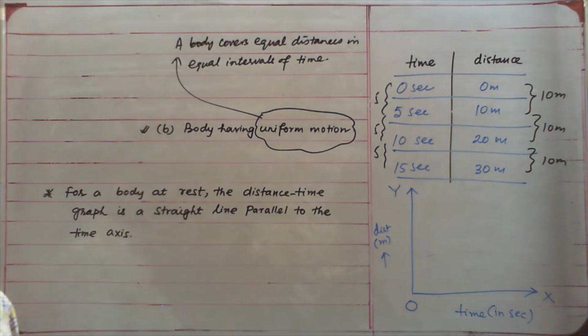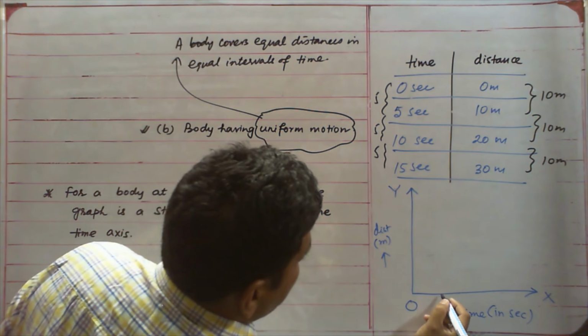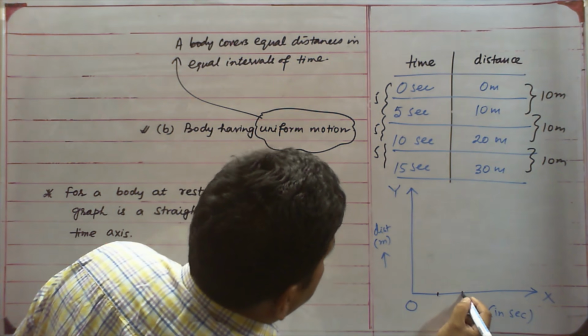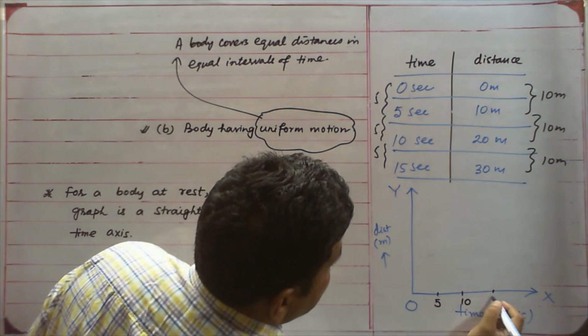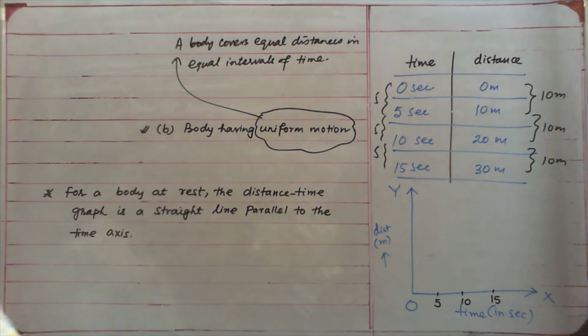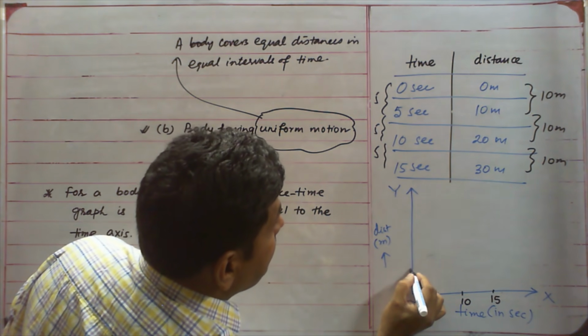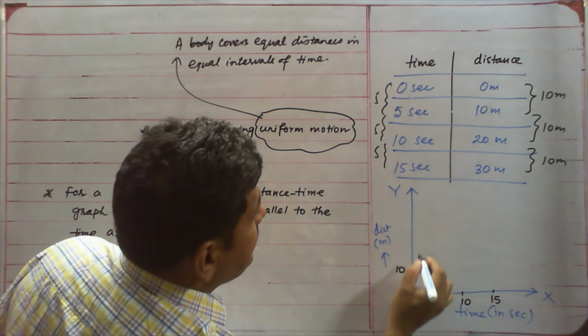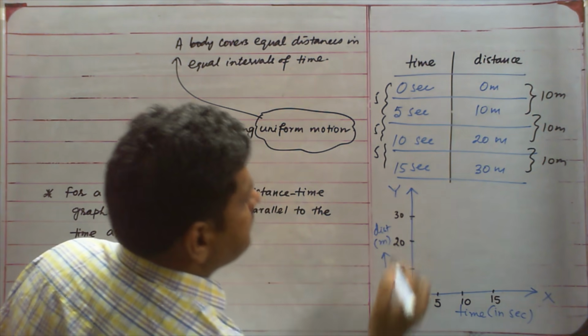The time is 0, 5, 10, 15 seconds, and the distance is 0, 10 meters, 20 meters, 30 meters.